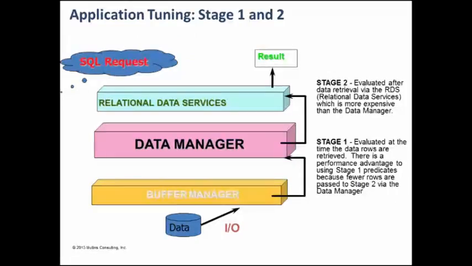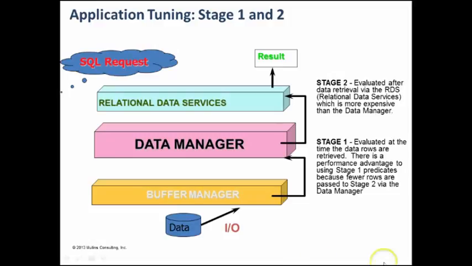Okay, now I said I'd talk about stage 1 and stage 2, and that's on this slide. Basically, stage 1 and stage 2 is just a way of describing predicates as to where they're applied within the DB2 address space. Data gets read from DB2 into the buffer manager, passed to the data manager, passed to the relational data services, and all three of these are components of DB2. After RDS, the results go to your program.